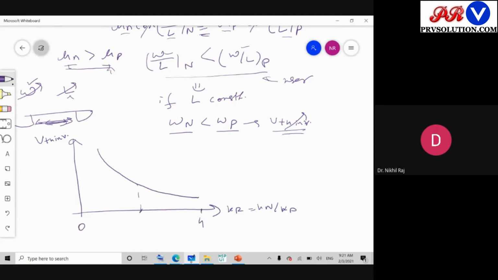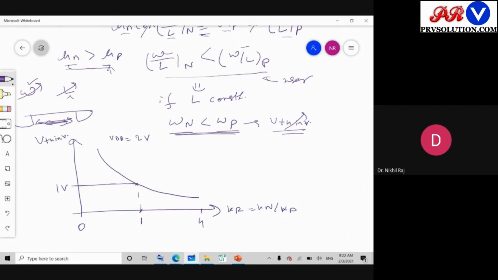Somewhere here, if it is cutting at 1, and if your VDD is, let's say, 2 volt, it will cut here at 1 volt. So the inverter design can be controlled through the device dimension W by L. And if L is constant, then by controlling through W also, we can control the inverter switching voltage.